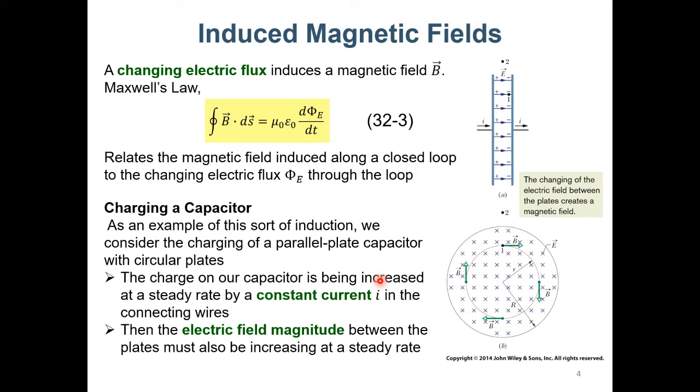The next one, we talk about the induced magnetic field. It mentions that a changing electric flux induces a magnetic field B, and this is called Maxwell's law.